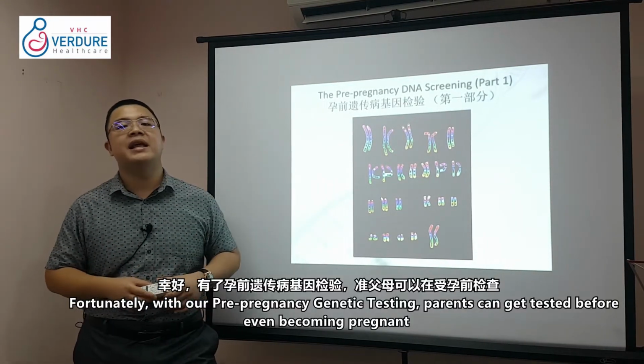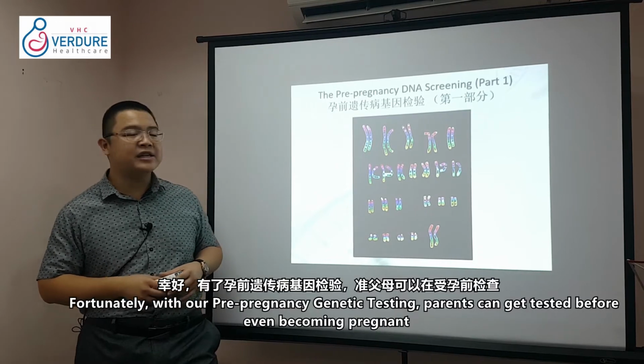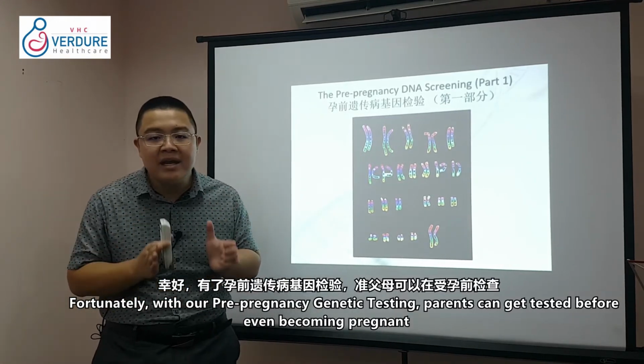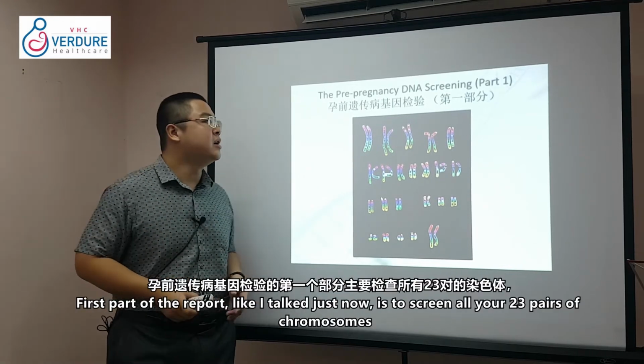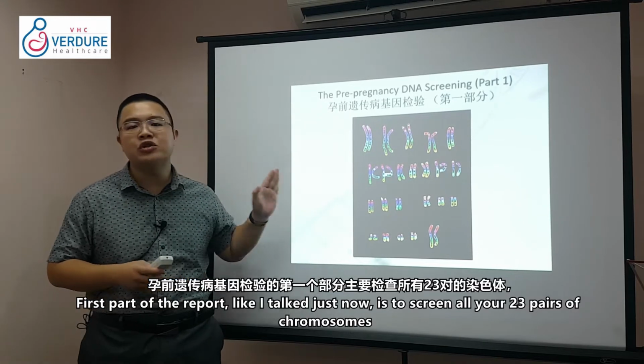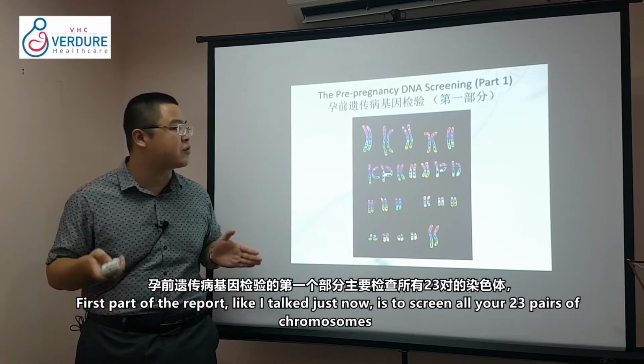So fortunately, with our pre-pregnancy DNA screening, parents can get tested before even getting pregnant. So the first part of the report, like I mentioned just now, is to screen all 23 of your chromosomes.